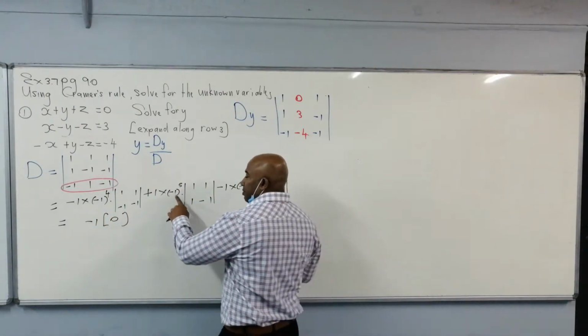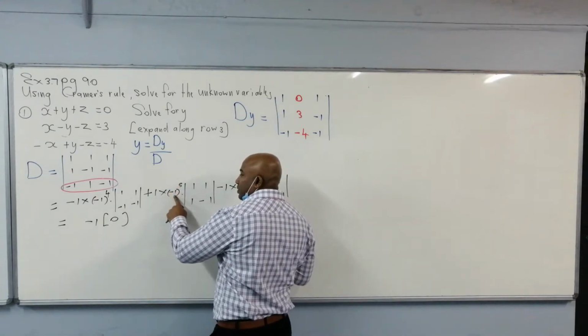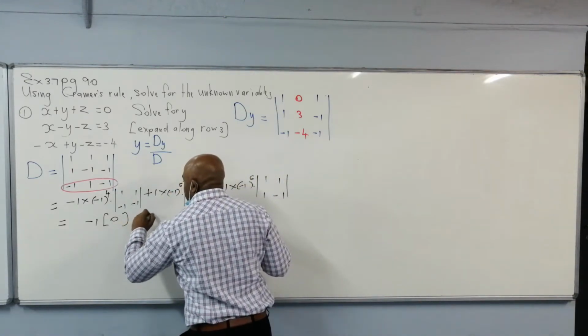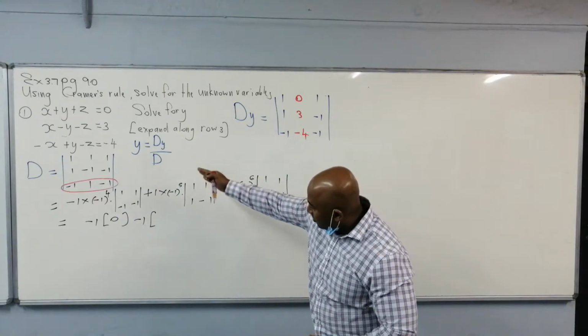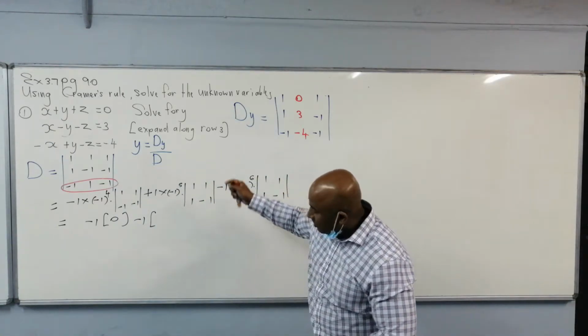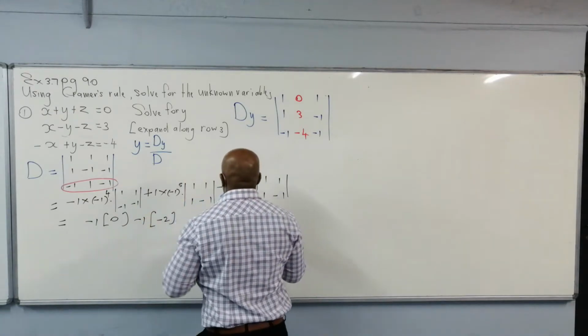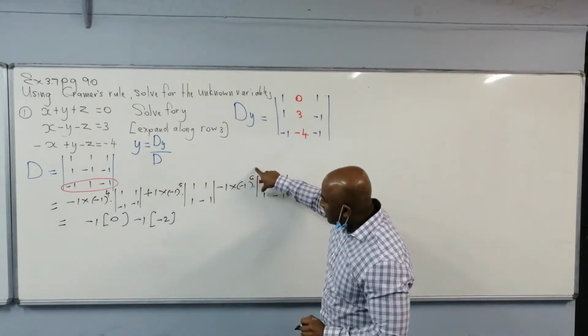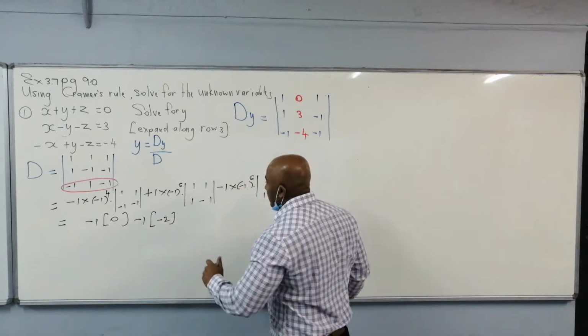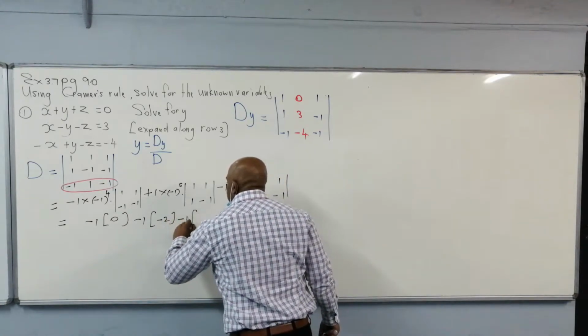Okay, here minus 1 to the power 5 is minus 1 times 1 is minus 1. Here we're going to go minus 1 again, which is minus 2. Minus 1 to the power 6 is a positive 1 times negative 1 is negative 1.